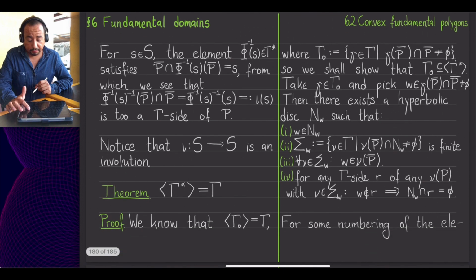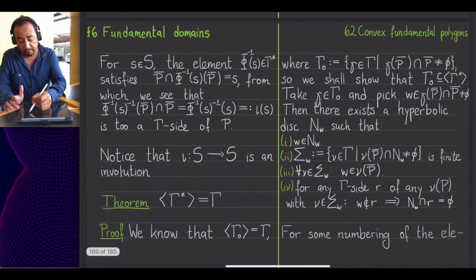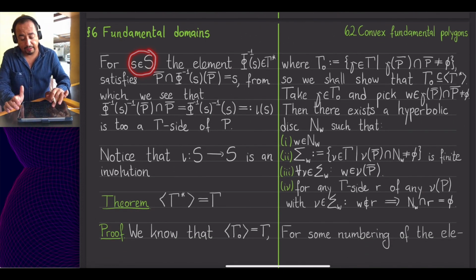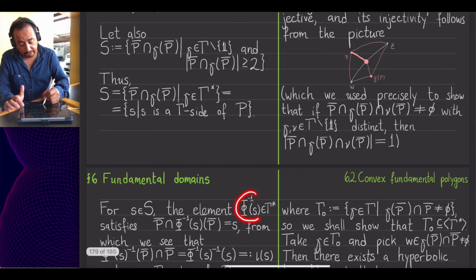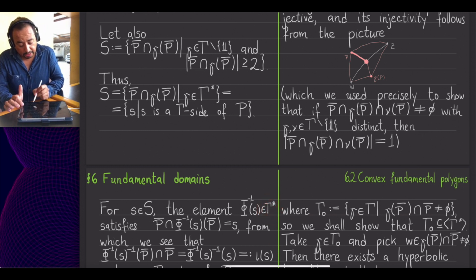Now we notice this. Given an element of S, a side, we of course have the inverse of that element, and it is an element of gamma star. Now this element, by definition, gives me the side S, so I have this identity.